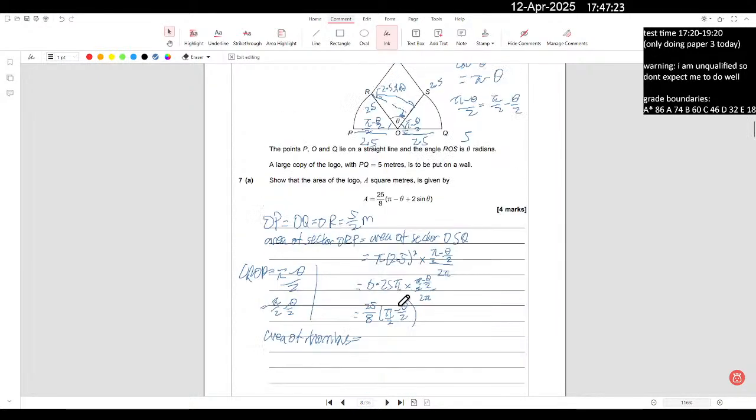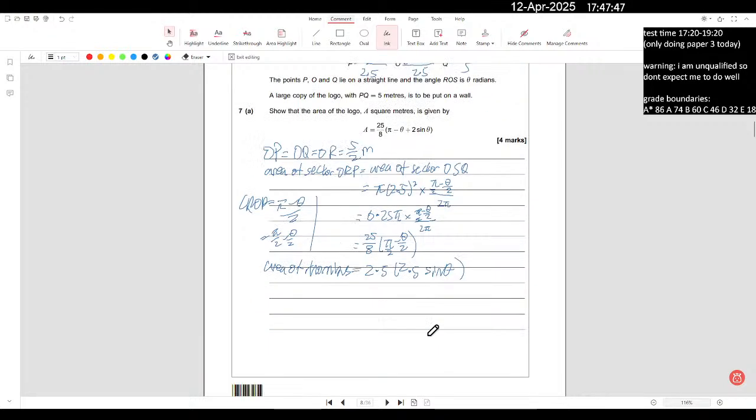the area of the rhombus should be 2.5 times 2.5 sine theta, not 2. Which is 25 over 4 sine theta.